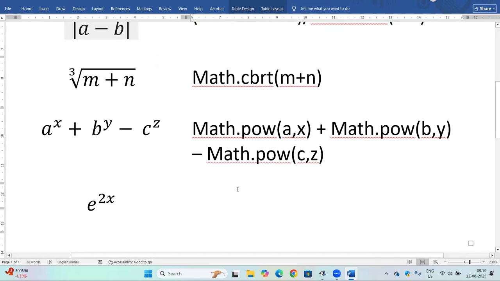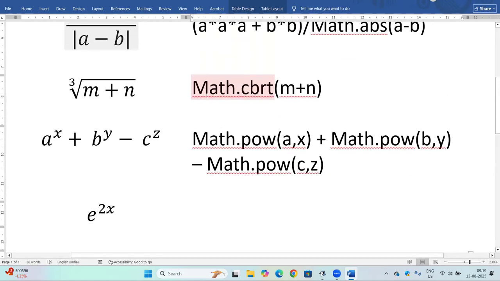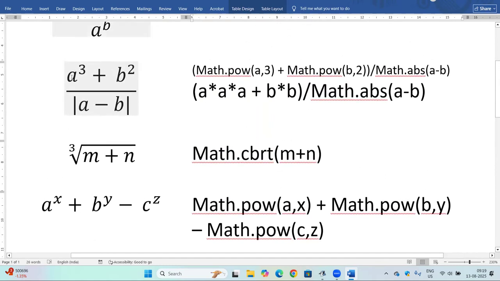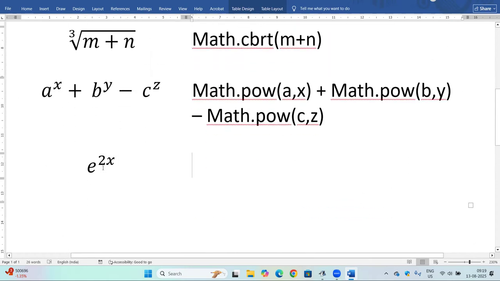Finally, we have a formula e to the power of 2x. Okay. So we saw a to the power of x, b to the power of y, c to the power of z. In the previous examples, we saw a to the power of 3 and a to the power of b. But here we have e to the power of 2x. This is going to be something different. Anything which has the base e to the power of any variable or a constant, we have to use exponent.